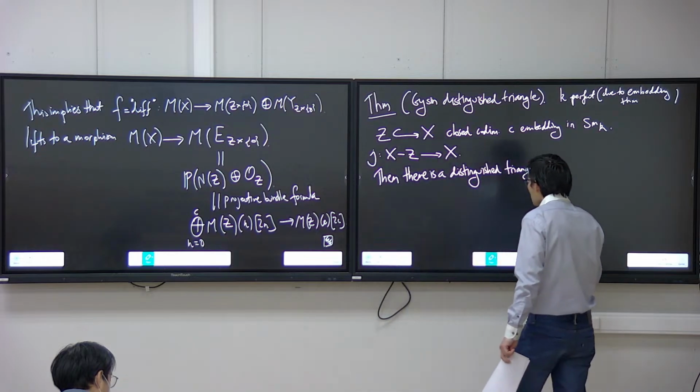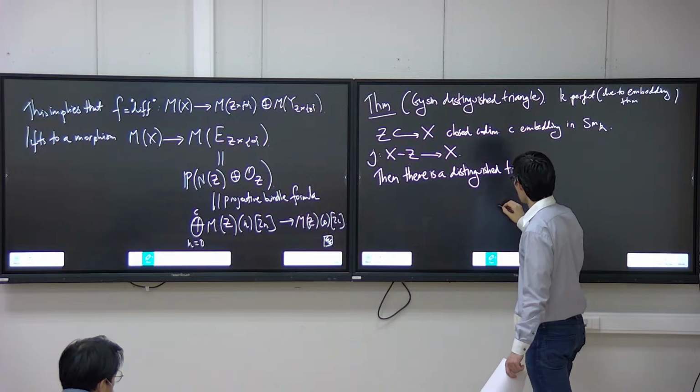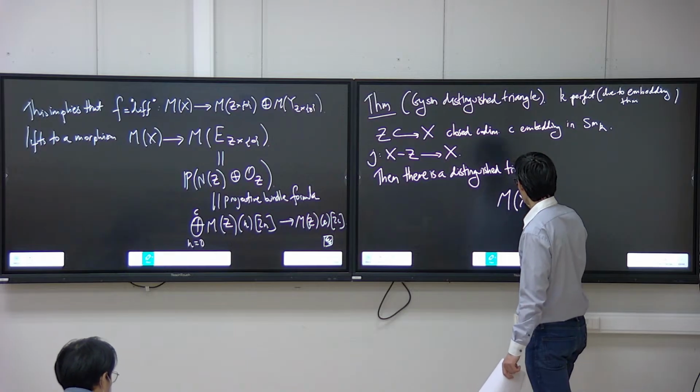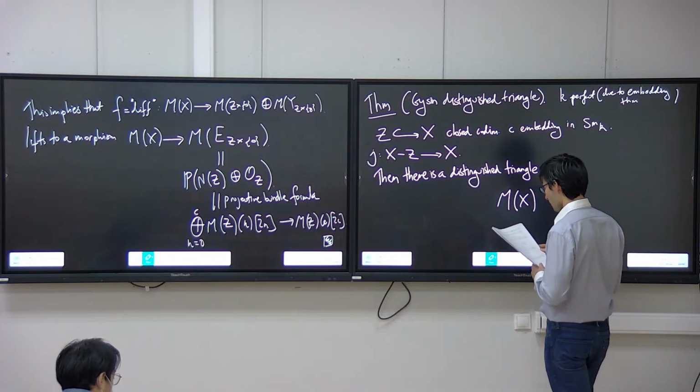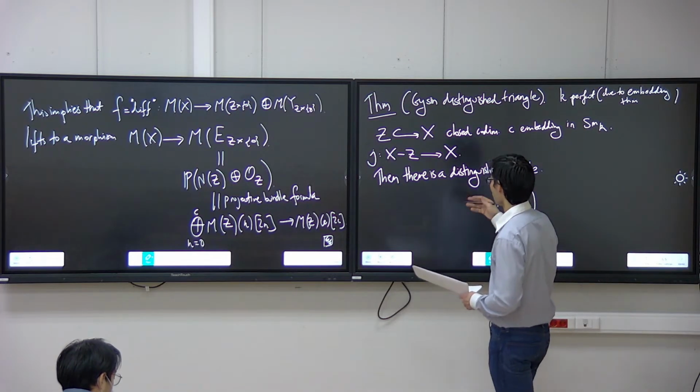So the point is the following, we want to study the motive M of X, which is clear. I mean, we always want to study M of X, and we can study it along smaller pieces.